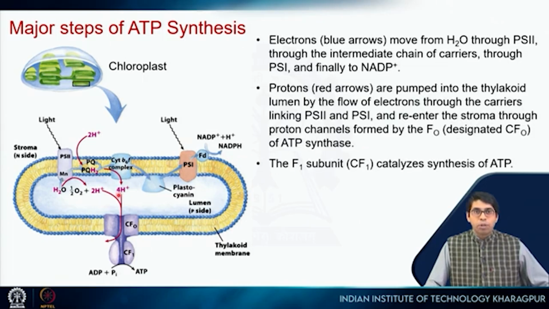So there is a proton gradient here. Now these protons will spontaneously pass out, and when that happens, that energy is used to synthesize ATP. This is very similar to what we have seen in mitochondria. In this case, the ATP synthase has again two parts, the CF0 and the CF1, right? So C is prefixed here to indicate that this is in chloroplast.